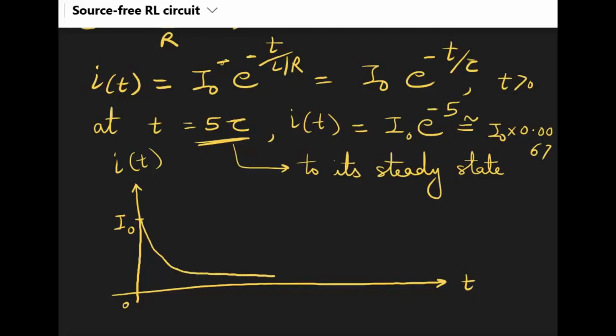At t equals infinity it reaches 0, but it reaches near 0 if we plot for tau, 2 tau, 3 tau, 4 tau, so it reaches approximately 0 in 5 tau time. So this is the response of the source-free RL circuit, and we have derived the equation for current.